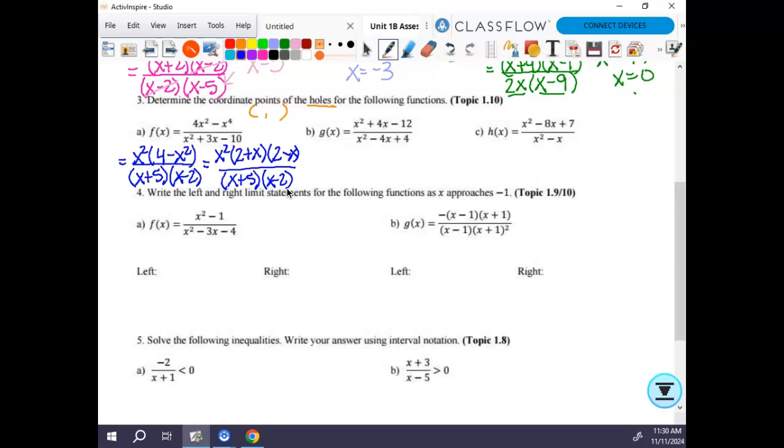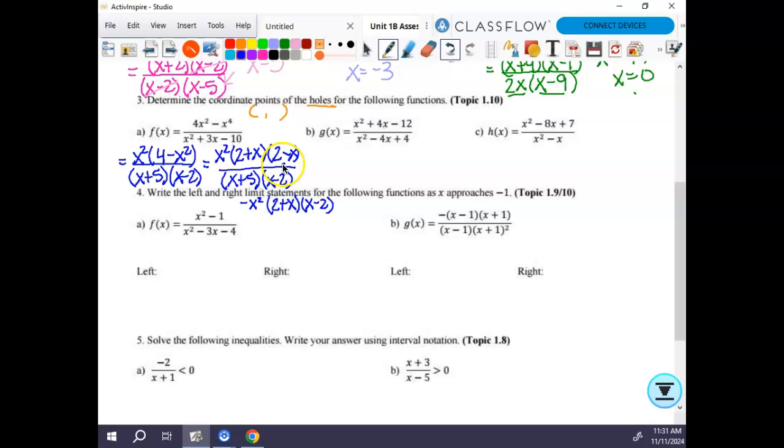Because I can, in the numerator, factor out, let's see, I guess I'll write it right here. I can factor out a -1 right there, so that would give me negative x squared times 2 plus x times x minus 2.